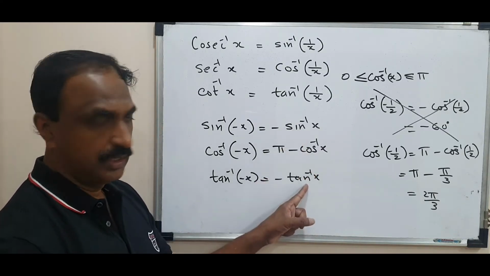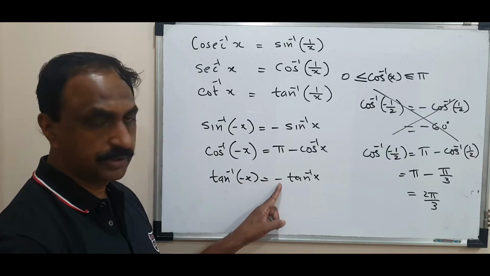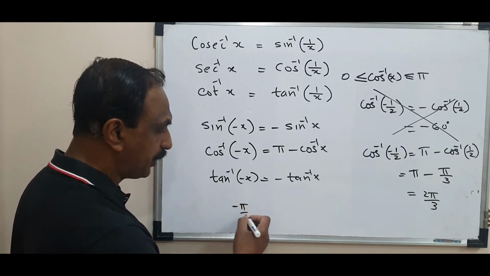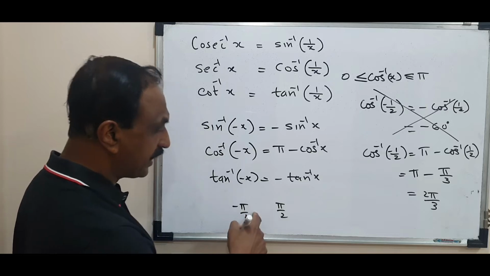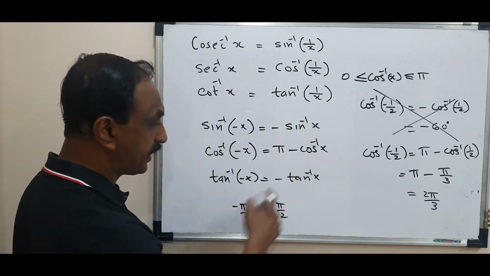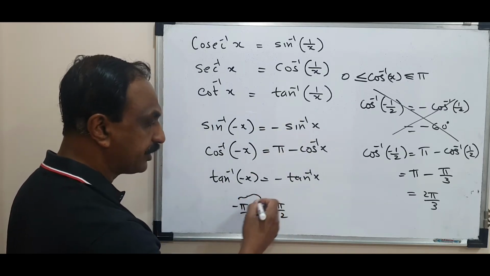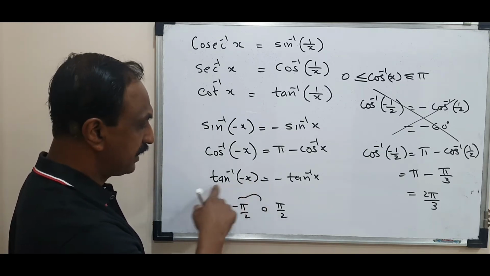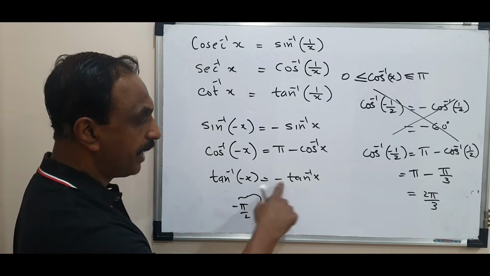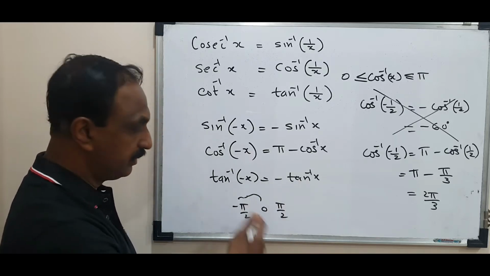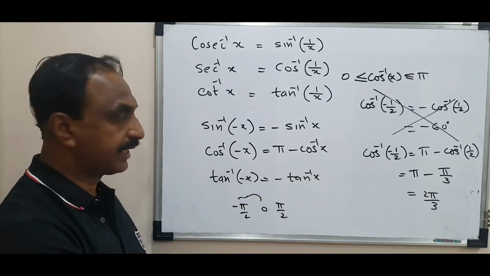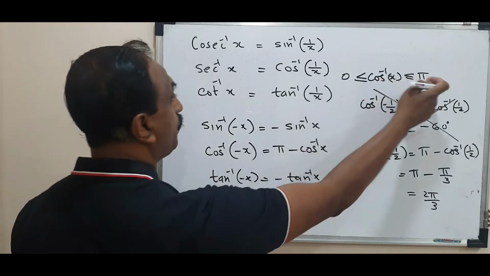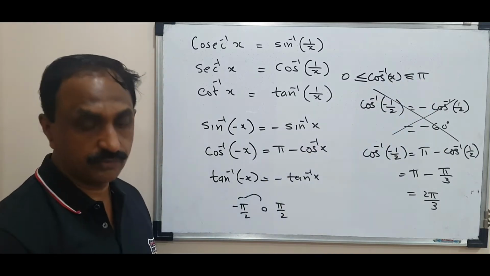Hence the minus just comes outside. So when there is a negative sign, you just bring the negative outside, and automatically it will come within this range. If x happens to be a positive number, then minus tan inverse of half will come inside between these two, so automatically it takes care. But in cos inverse, the range is 0 to pi, that's why it is pi minus cos inverse x.